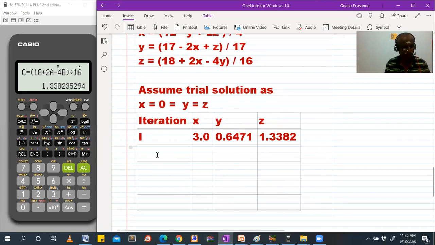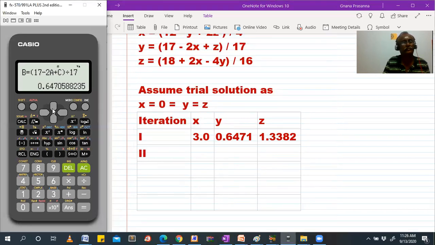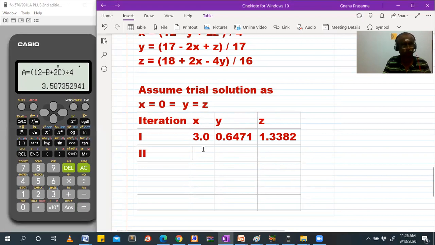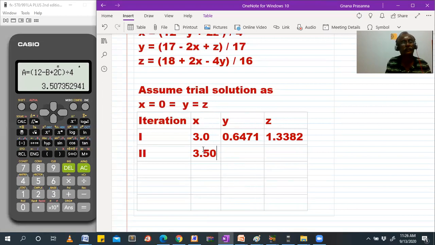From the next step onwards, we take the equations and press equal to on itself. It is enough. So A, calc, equal to, will give you 3.5014.